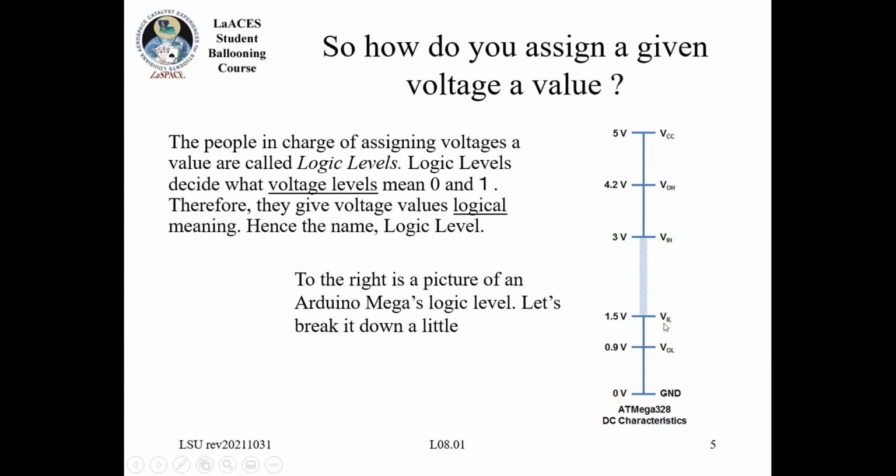I'm sure you could figure out these other two, but VIL is voltage input low. So anything below 1.5 volts is going to be considered a low on the input. And then when this electronics, the Arduino in this case, is outputting a low value, it will be at most 0.9 volts, right?